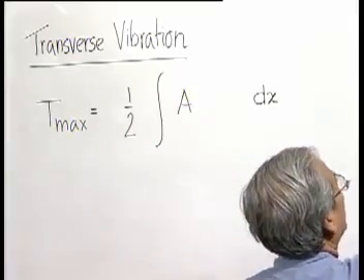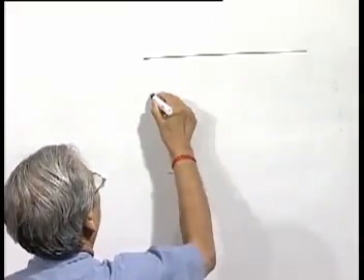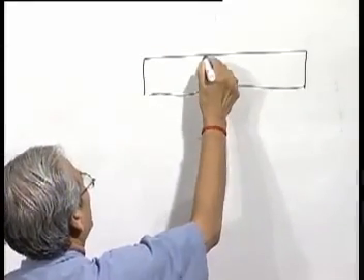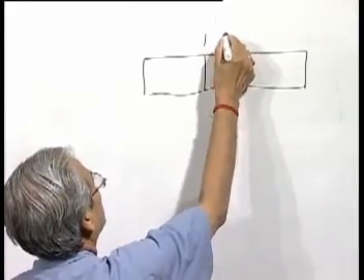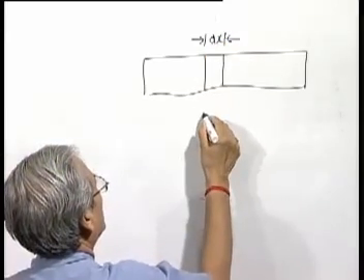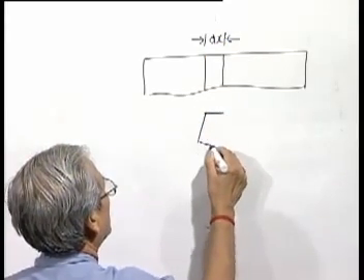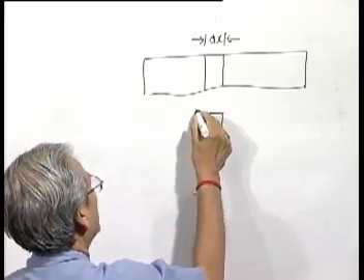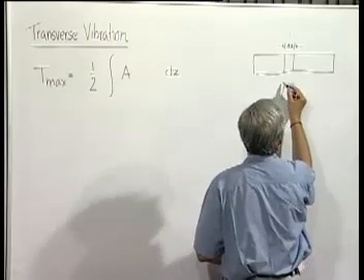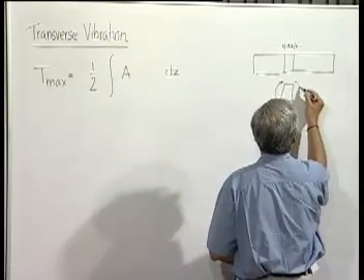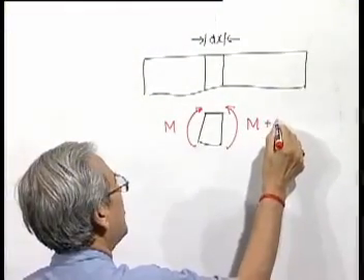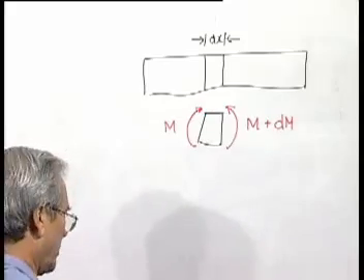If we take one element of length dx, so in bend condition it comes here, it gets subjected to bending moment, which is M, and here it is M plus a small change dM, we do not bother much.